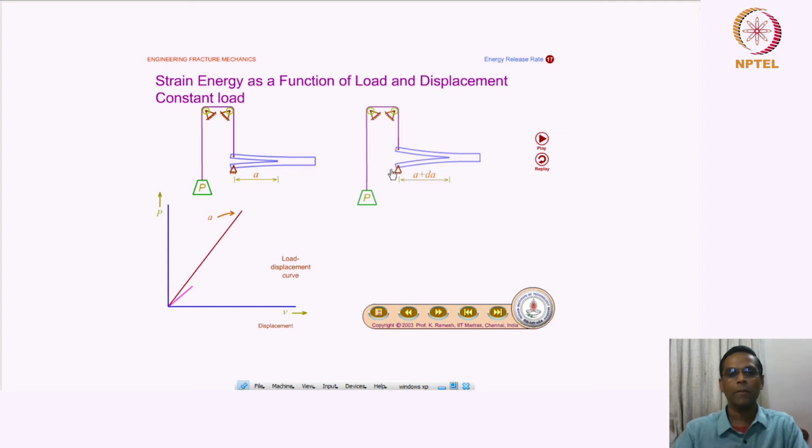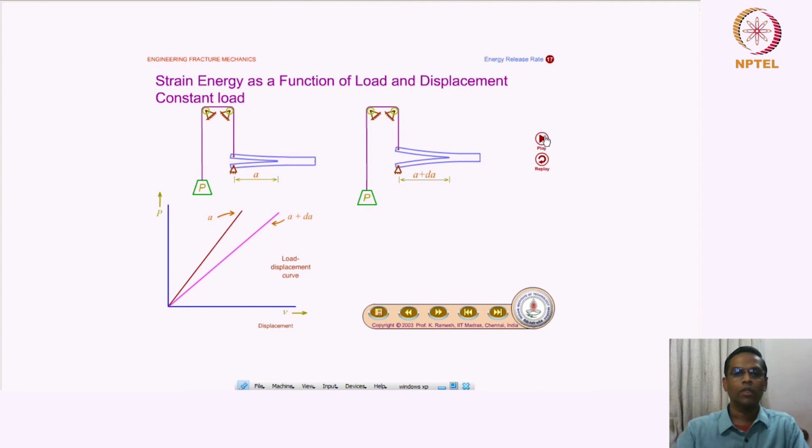This is a similar specimen, but the crack length is a plus da, and that is why the load has come down slightly from this level. For this, again, the load versus displacement curve is going to be below this curve. So this is for the crack length a, and this is for the crack length a plus da.